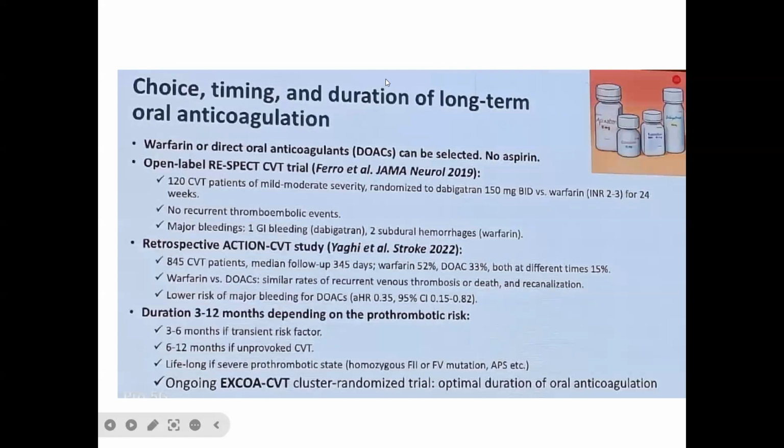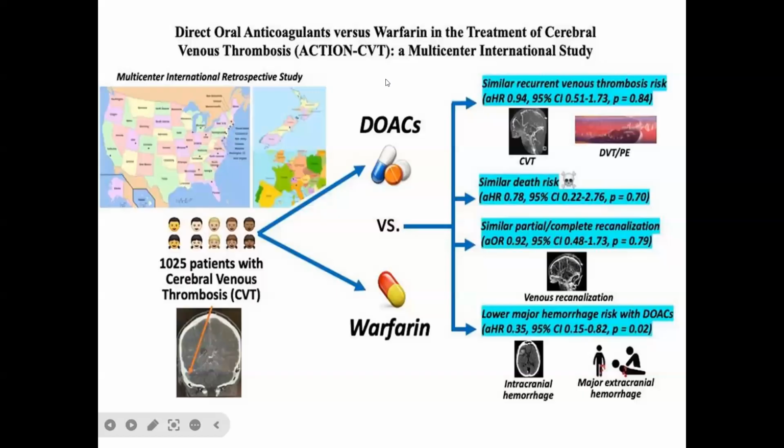Okay, sir. Next slide. This is the ACTION CVT trial. They included around 1025 patients with cortical vein thrombosis and randomized them to direct oral anticoagulants or warfarin.